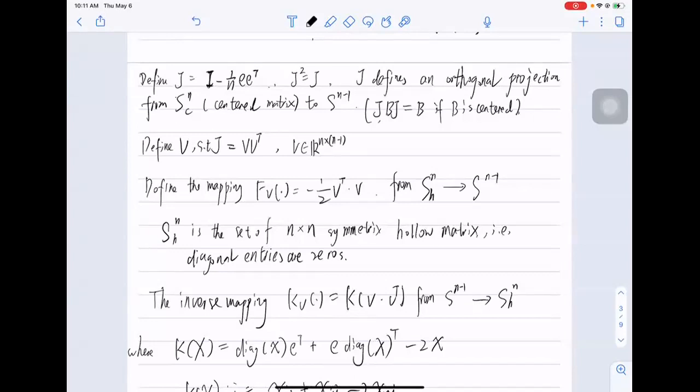Now we define V, the matrix by which we can factorize J. We factor J equals V times V transpose, and V is an n by n minus 1 matrix with full column rank.